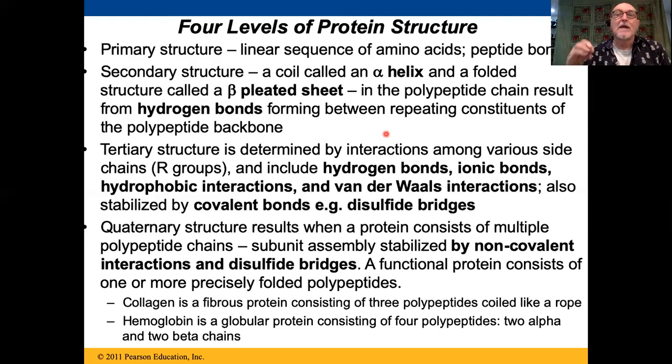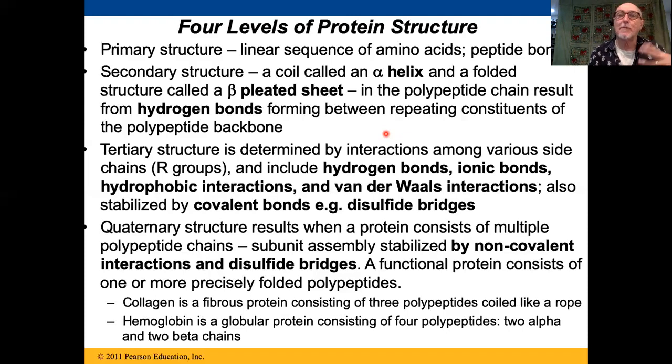Tertiary structure is structure which is induced between various side groups of the amino acids, but over a bigger distance. So in other words, we can take areas of the polypeptide which are quite remote from one another and get them to interact. And that induces tertiary structure. There are various ways in which molecules can begin to interact with one another. The first, very frequent, is by hydrogen bonding.